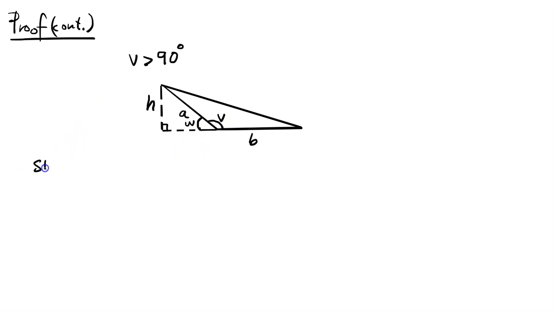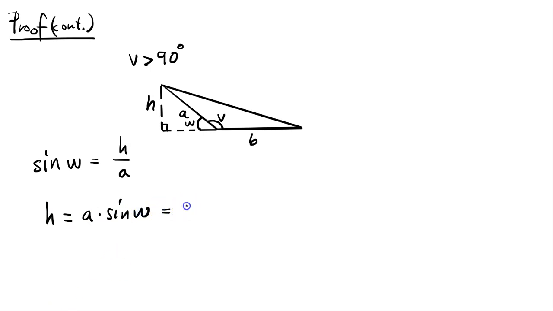So we have that sine of W, because here we have a right triangle, so we can use trigonometry here. So what's that? For this triangle it's H divided by the hypotenuse, but that's A. Okay, so we have it like this. Then we can write this as H is equal to A times sine W.